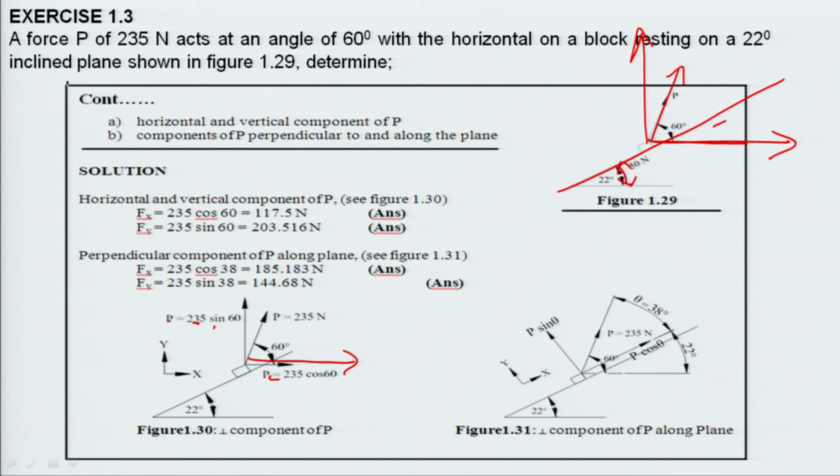Another component which we need to calculate is the component of force P perpendicular to and along the plane. The first axis is this one and the second axis is this one.